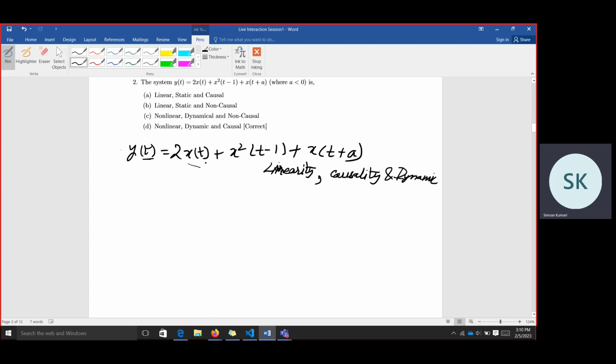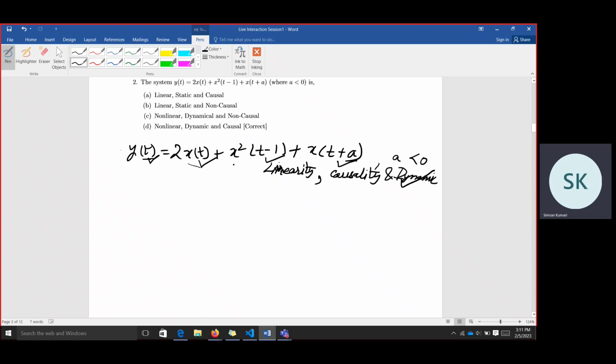But here we can see that the output at this time depends on the input at this time, and then t minus 1 and t plus a, where a is less than 0. So obviously this is not a static system. This one is a dynamic system. Now we are clear with what type of system it is, whether it's dynamic or static.